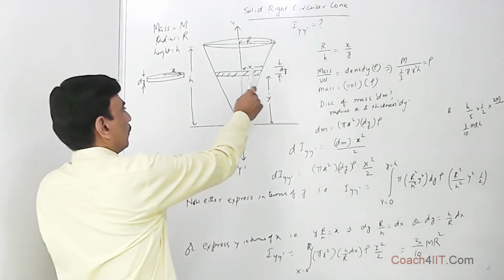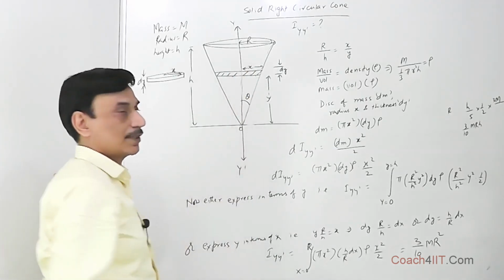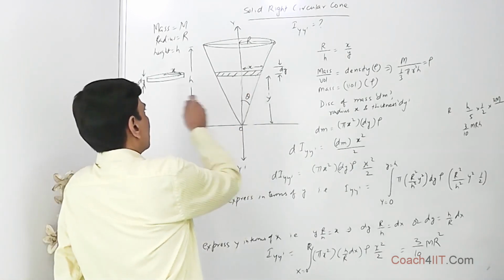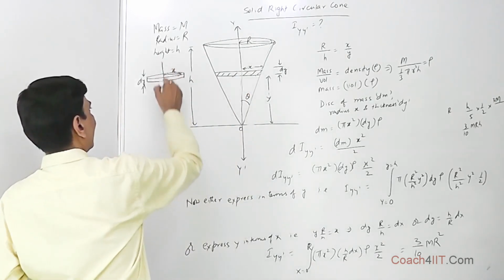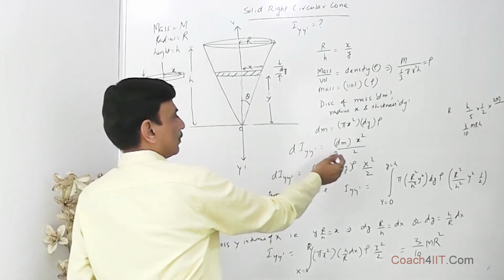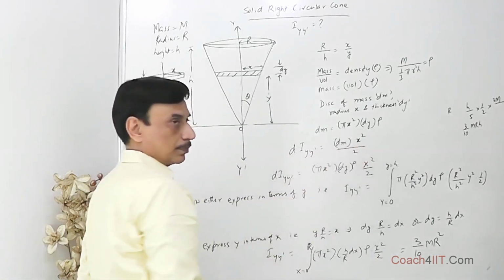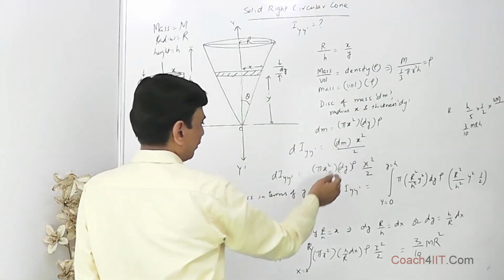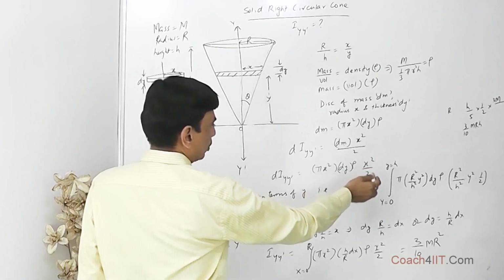The moment of inertia of this small disk about this axis follows the pattern m r square by 2, so it is going to be dm into x square by 2. When we say dm, it comes out to pi x square dy rho, times x square by 2.